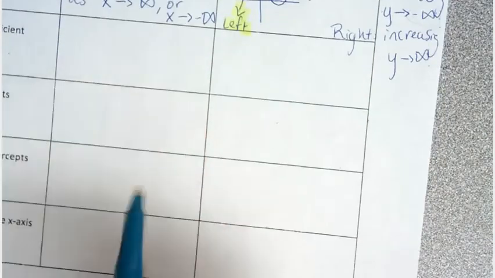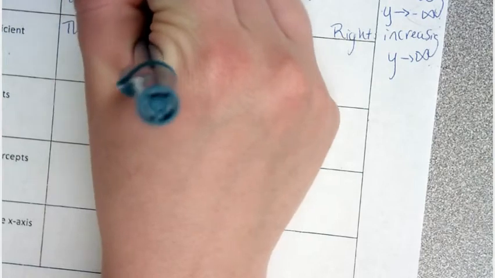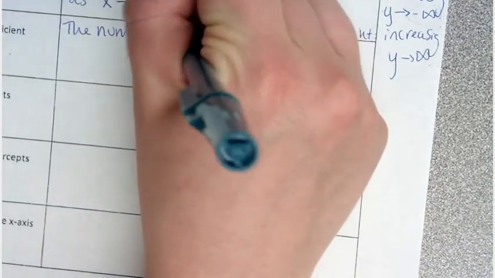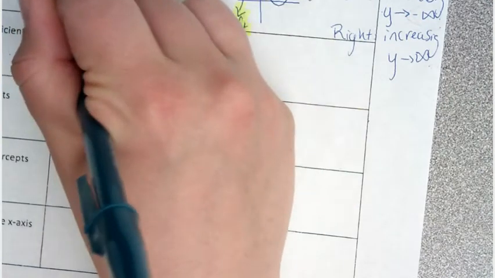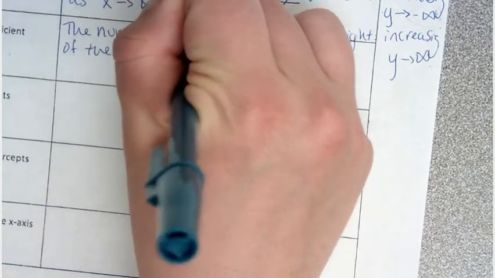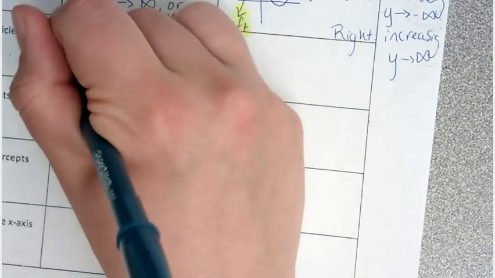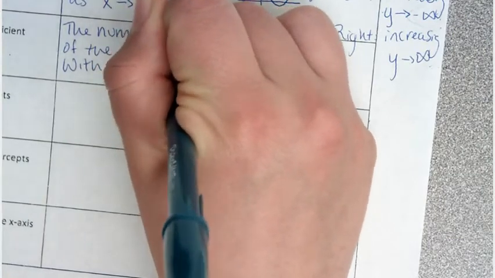Our leading coefficient is going to be the number in front of the variable, and specifically the variable with the highest power.